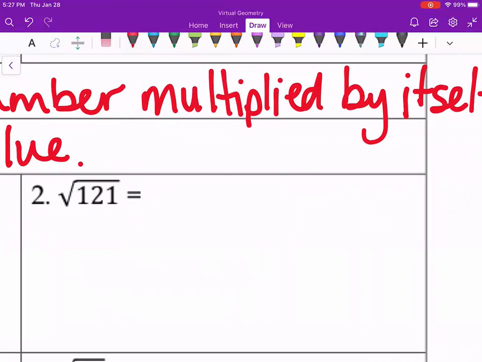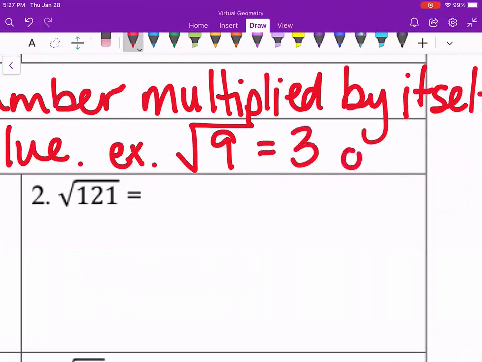So if I had an example like the square root of 9, well, that would be a positive 3 or maybe a negative 3, because positive 3 times positive 3 is still positive 9. And same idea for the negative. Negative 3 times negative 3 is still positive 9. But for right now, we're going to be just sticking to the positive version of those values.